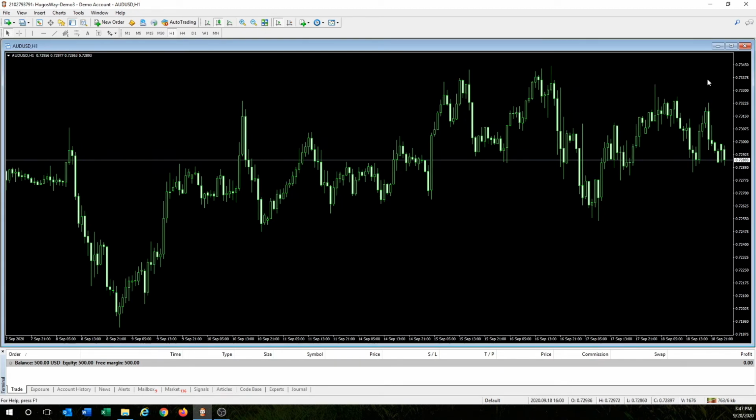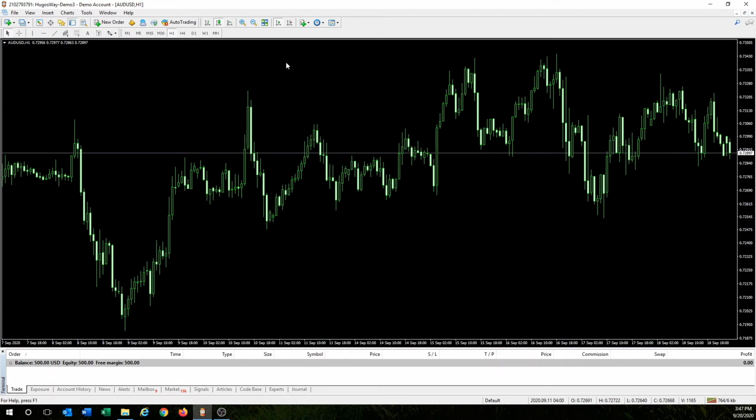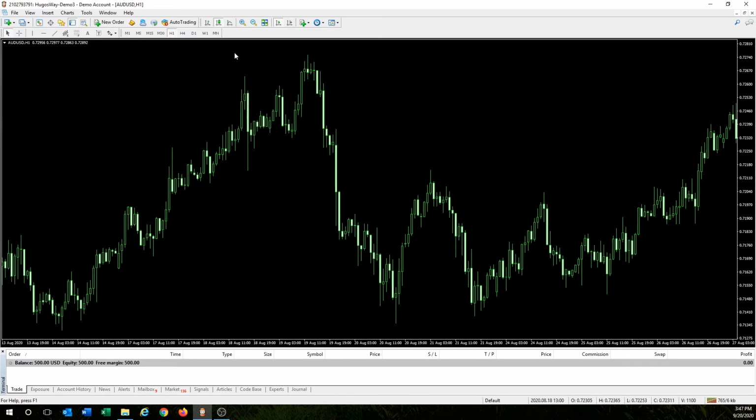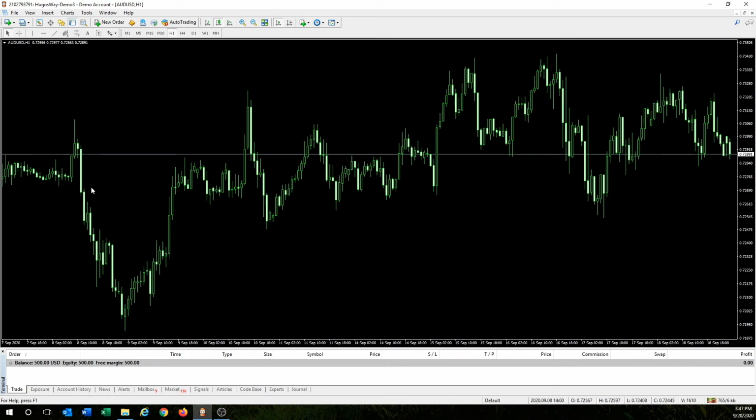It maximizes when we have multiple charts. And then the next one is these two. This automatically moves the chart. So if you want to scroll to the left here, see how it snapped back there? It's because we had this little item selected. What this does is it pushes the chart always to the right when new data comes in.